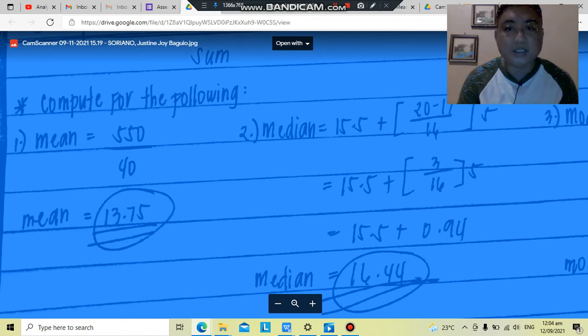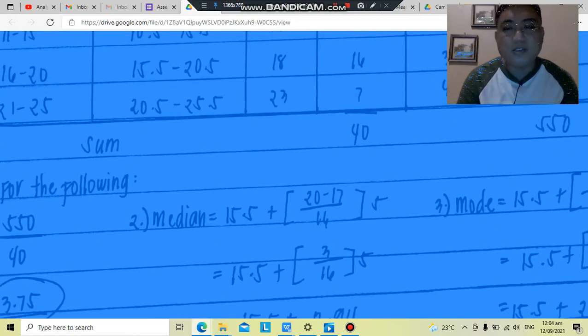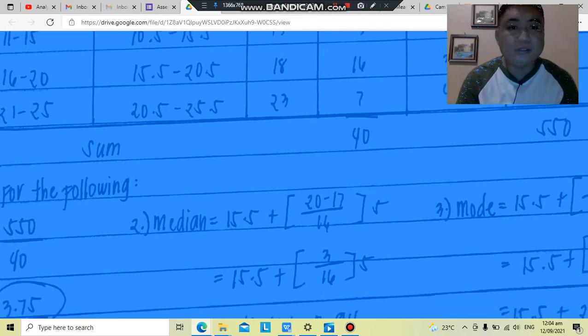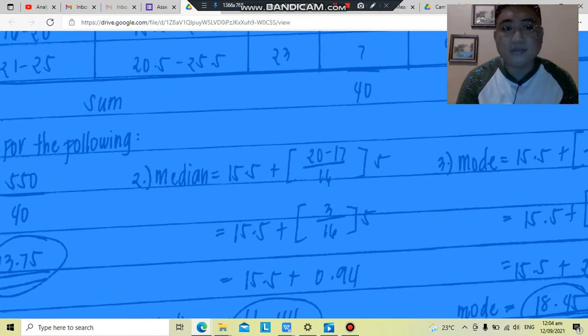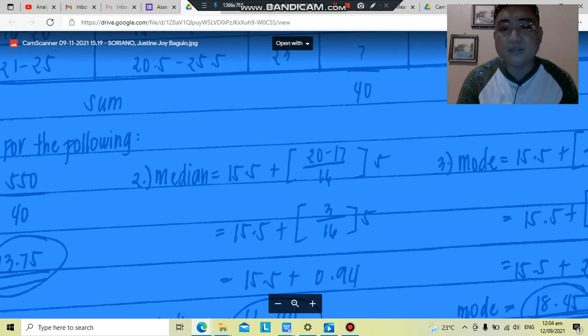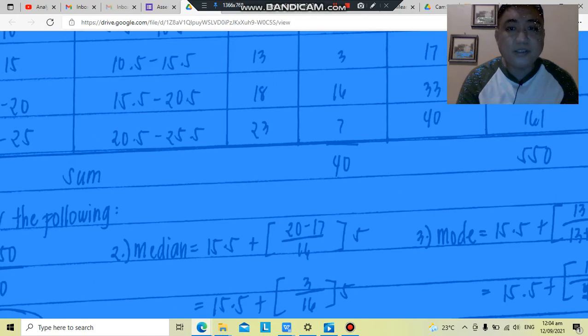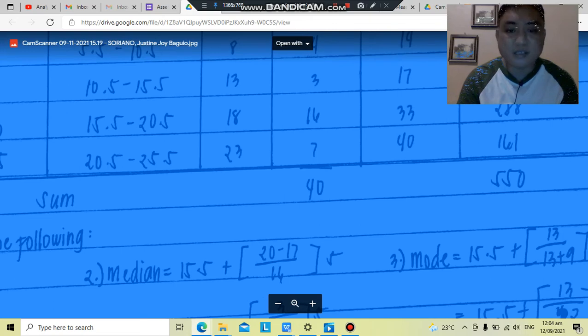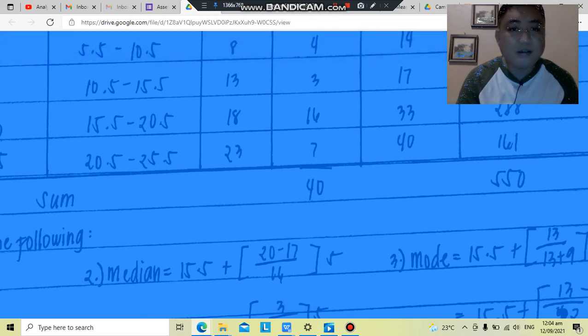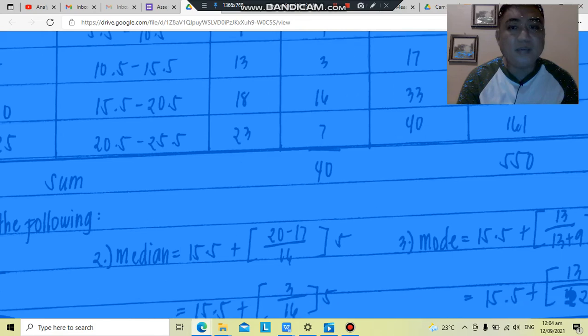So check. For the median, almost all of you did not get the correct answer for the lower class boundary. It should be 15.5. Okay? So 40 over 2, that is 20. Before 20, we have 17. The median class, by the way, is 16 to 20.